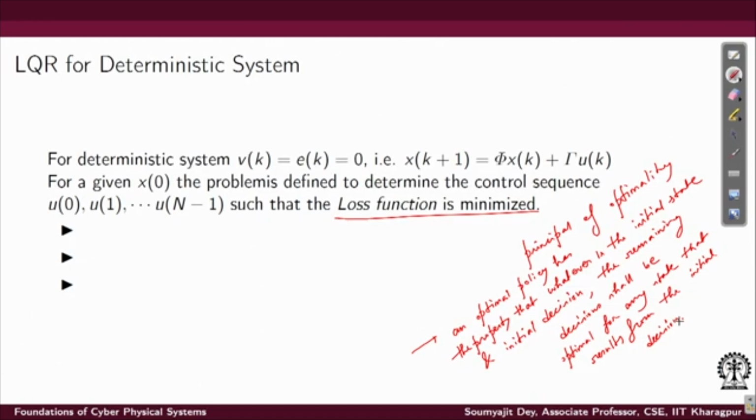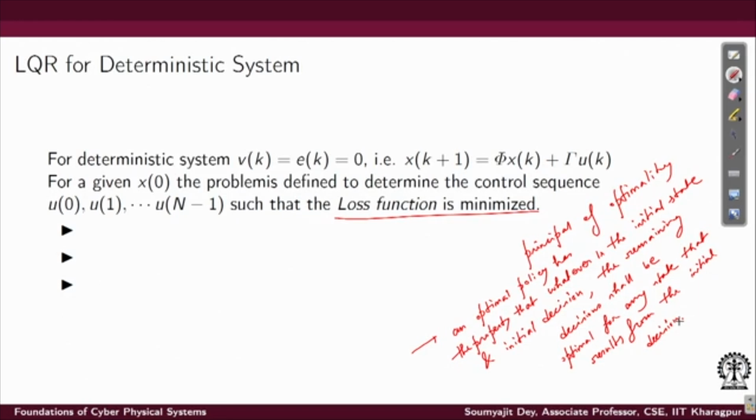It means that you have a sequence of decisions to take. Now, I would say that the first decision that you take in this chain of decisions is optimal if, due to the decision, wherever your system lands up, the remaining decisions will also be optimal from this state where you have landed with the first decision.